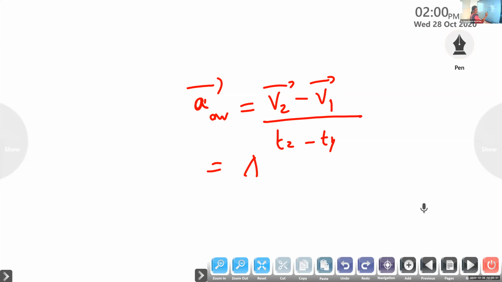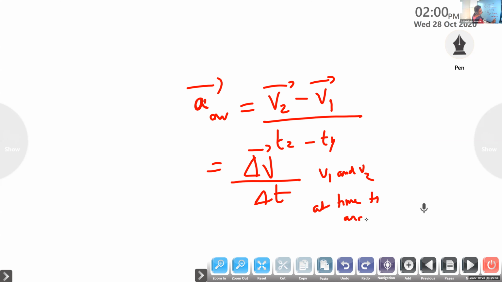Instead of that, we can write it as delta v vector by delta t, where v1 and v2 are the velocities at time t1 and t2 respectively.